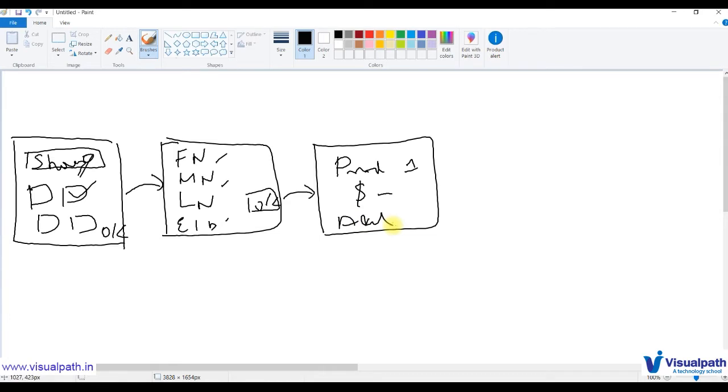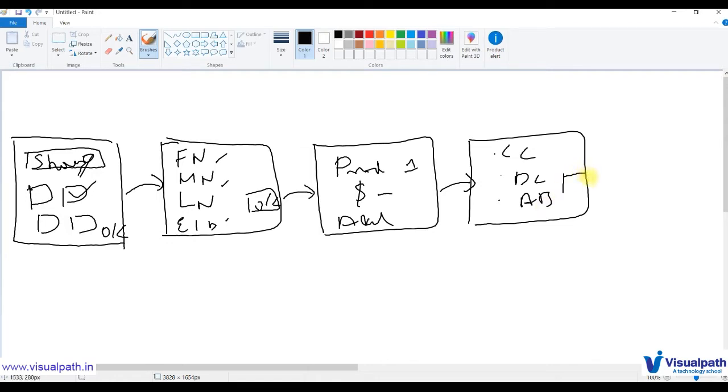Once you are OK with the order, you go to the payment page, where you use your credit card, debit card, Amazon balance or something else. Finally you click OK, and you place your order.